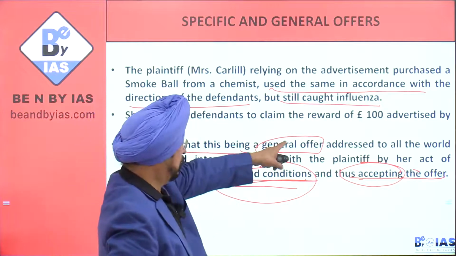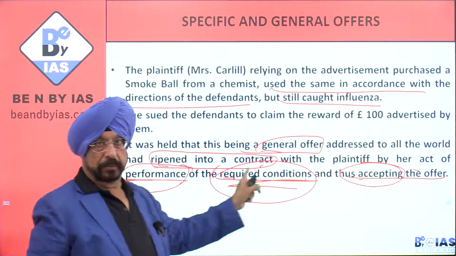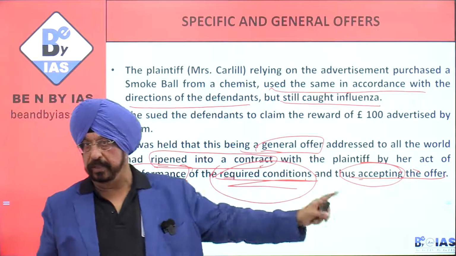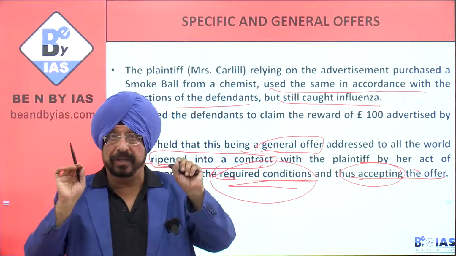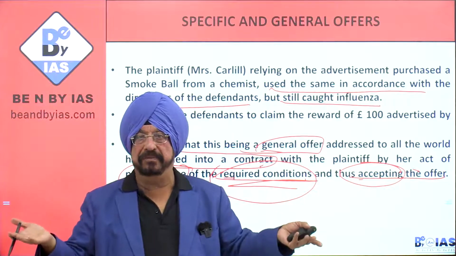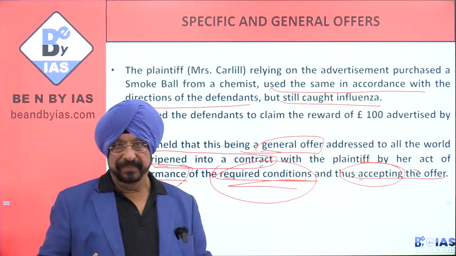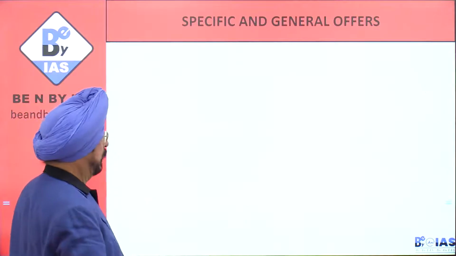So this general offer becomes a promise on acceptance by performance of all the conditions. If you write one single sentence, your answer is complete, even if it is in 10 words. Chaliye. She was therefore entitled to claim the reward.